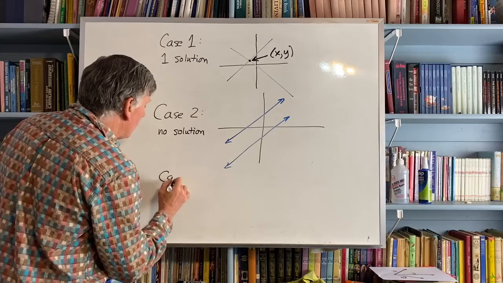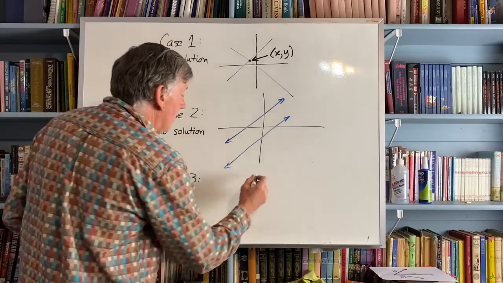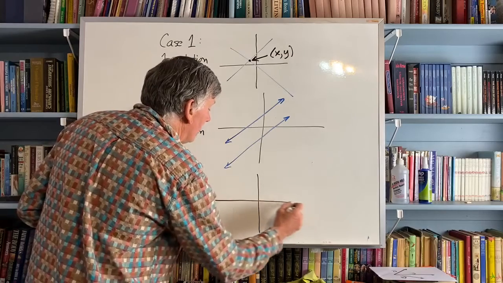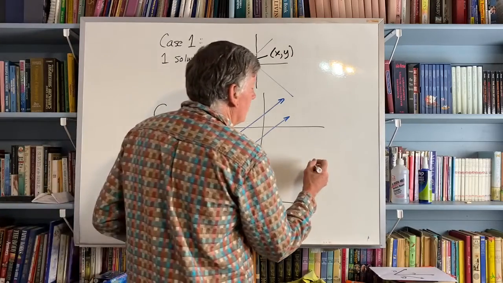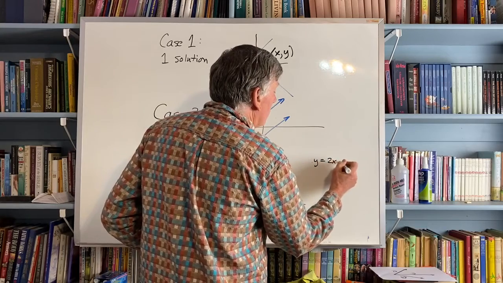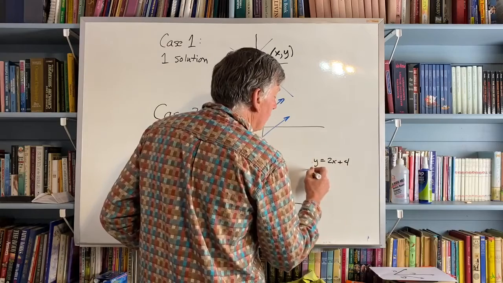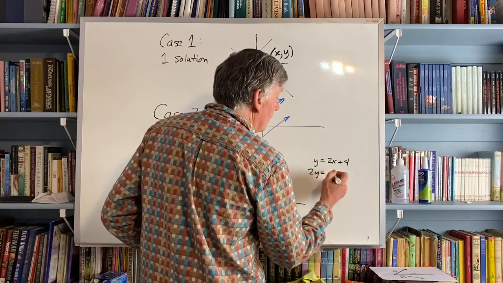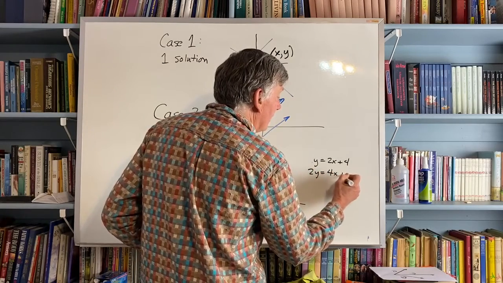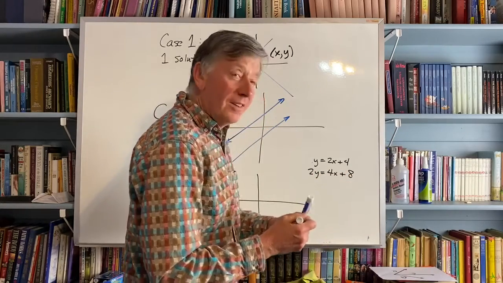Finally, case 3, that's when we have a system like this, where we have y equals 2x plus 4, and if we multiply through by 2, we get something that looks pretty similar, and in fact it is the very same thing: 2y equals 4x plus 8.